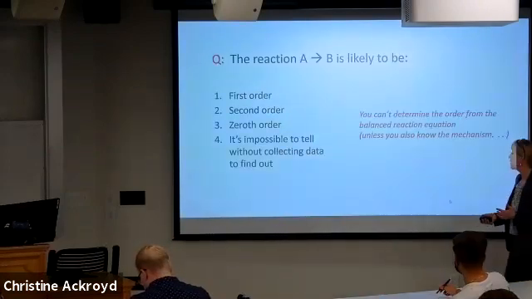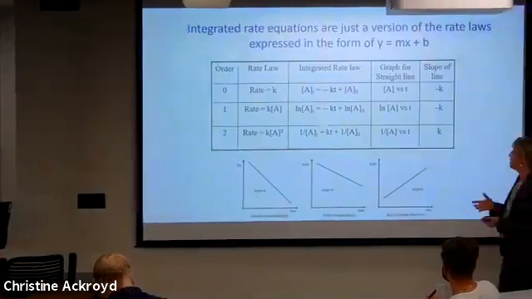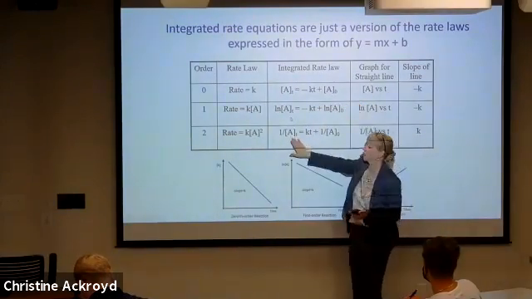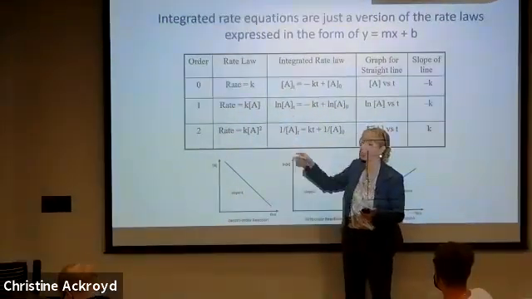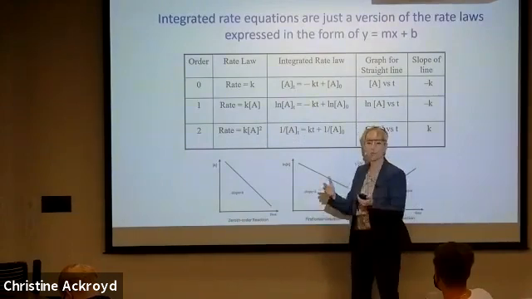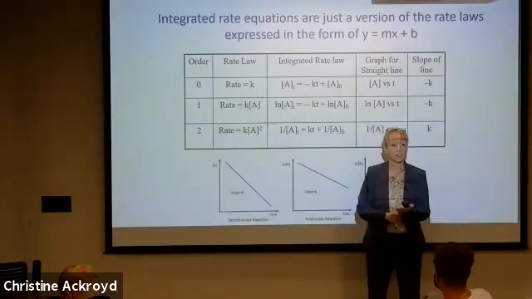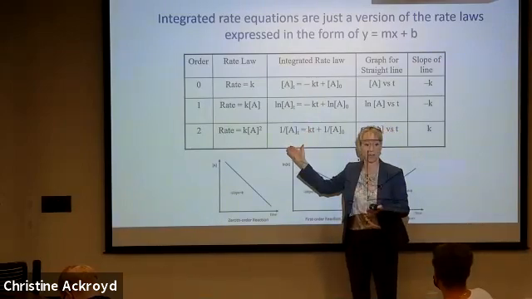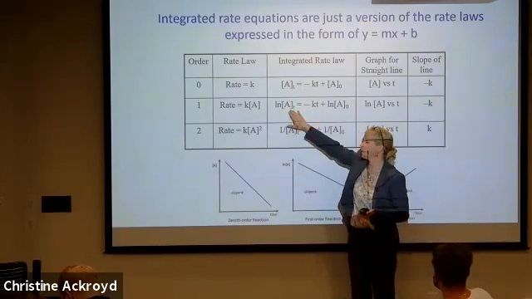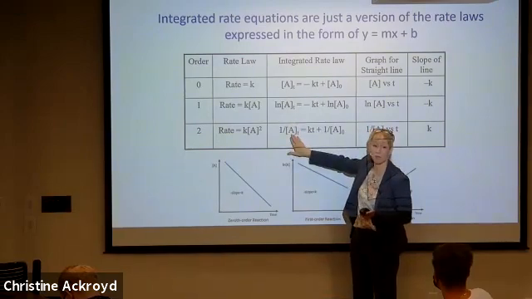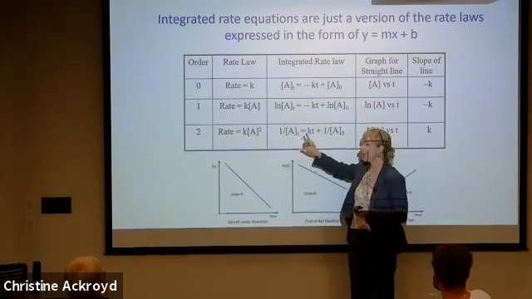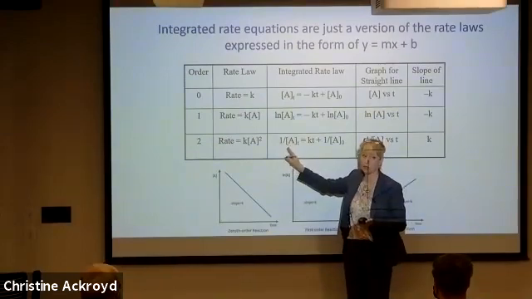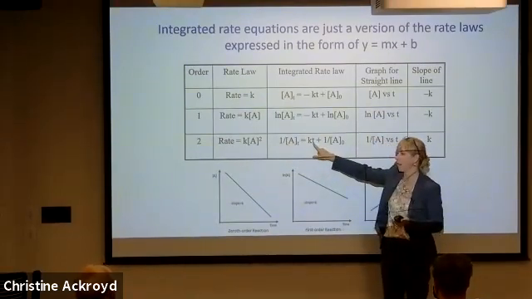Okay, now we have these equations, and if you look at all of the integrated rate equations for 0th order, 1st order, and 2nd order, what you'll see is the y-axis is concentration or some version of concentration, right? So concentration, natural log of the concentration, 1 over the concentration, is a function of, or depends on, how much time has passed.